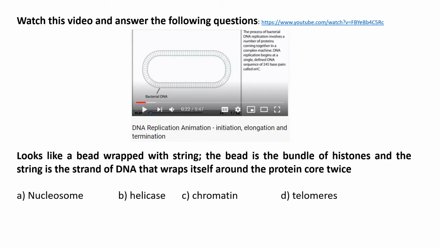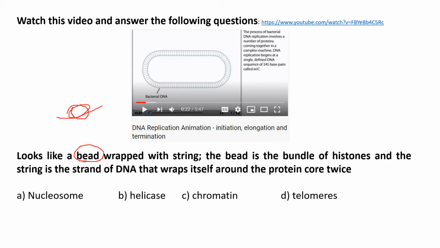Okay, now here I'm not asking you for an enzyme. I'm asking you for a structure of the DNA. Here they give you a clue that it looks like a bead wrapped with a string.